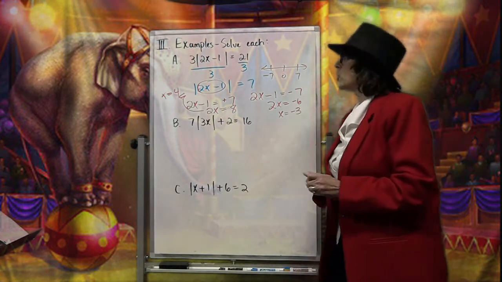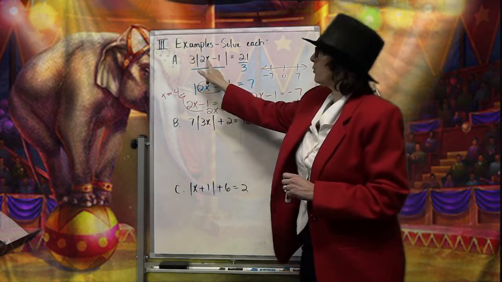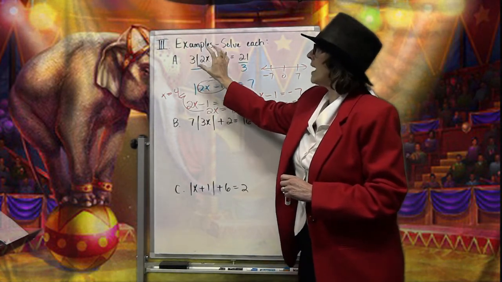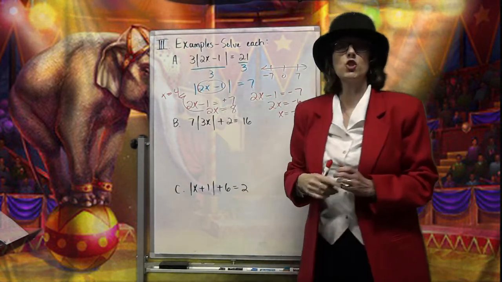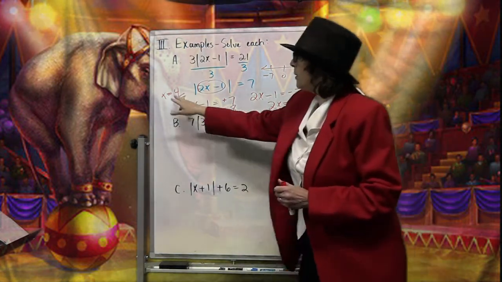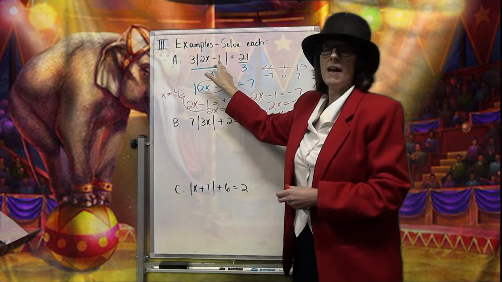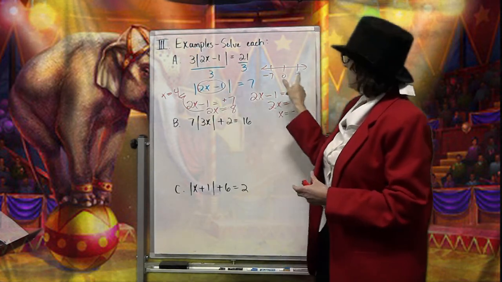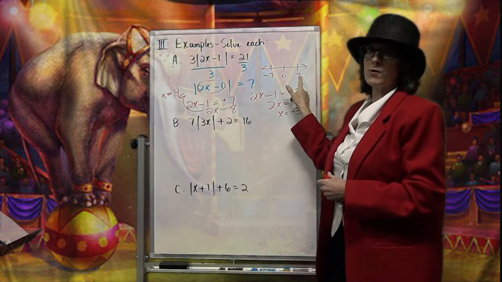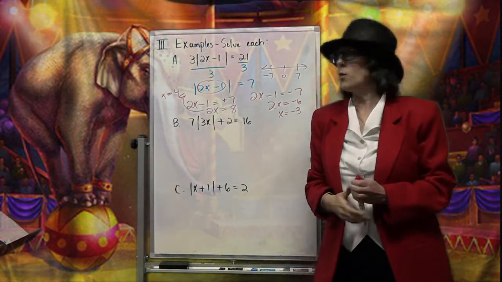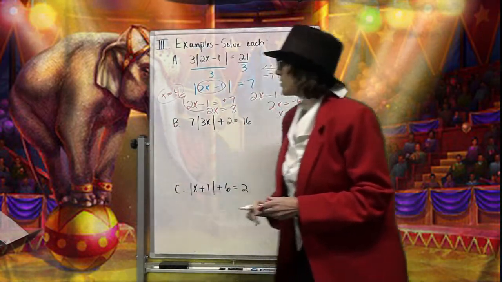So here are the two numbers that I should be able to plug in right here, and then multiply by 2, subtract a 1, and then get that distance. That distance is going to come up to be a 7. So when I put the 4 in there, 2 times 4 is 8. 8 minus 1 is 7. Absolute value of 7. Sure enough, this number is 7 units from 0 on the number line, and 3 times that distance of 7 will give me 21. So this definitely works.